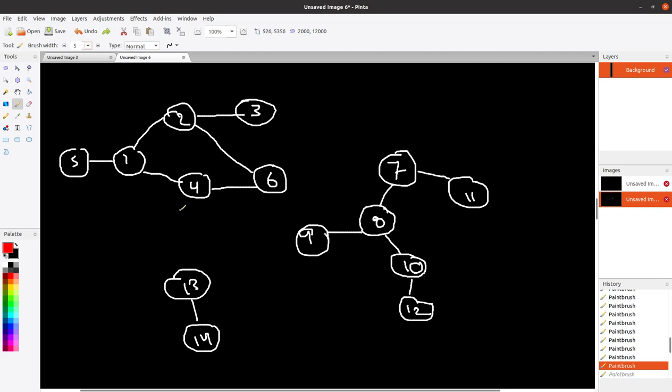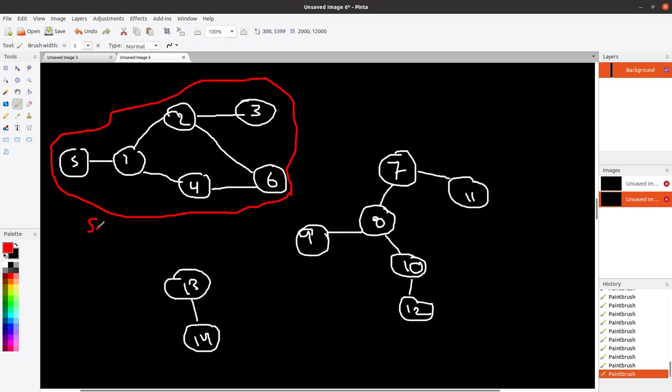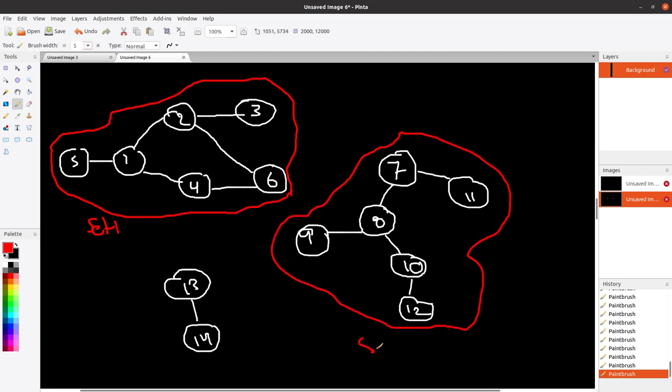A set is defined as all the nodes that are connected together. So this is set 1, and all the nodes here are another set 2. Then this group is set 3.